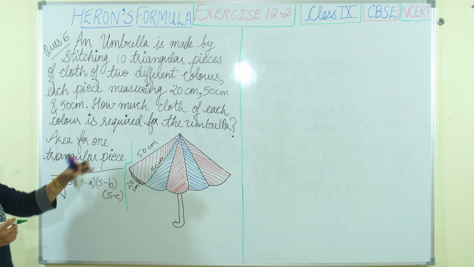That again gives 1000 under root 6 centimeter square. So these both are our answers.